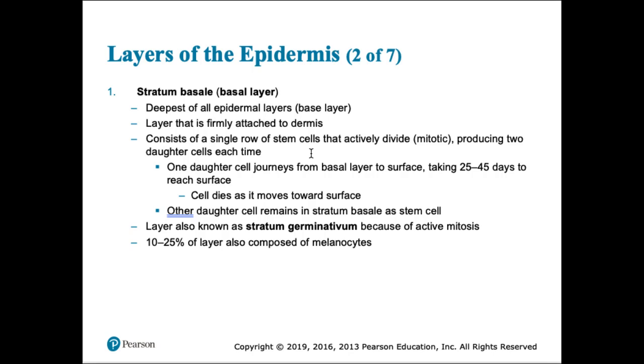I mean, it is a little bit, but also you're losing some of those dead cells that are sloughing off. So as cells die and slough off, you see these new daughter cells journey to the top. They eventually die off, and new cells move up and replace those. So that's about 25 to 45 days to reach the surface.